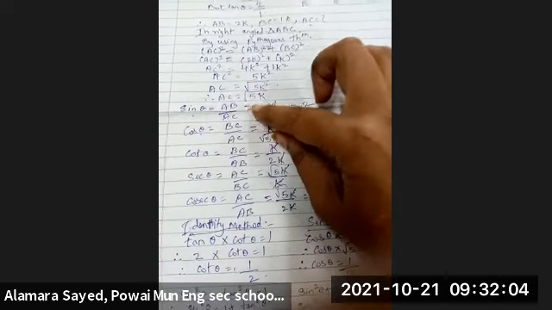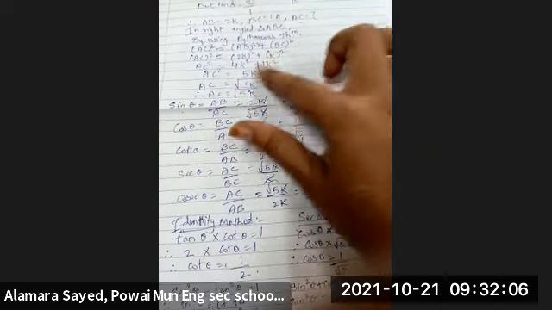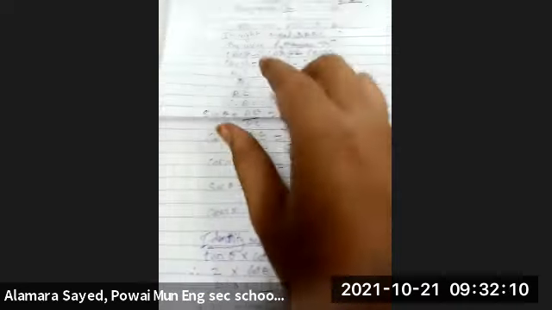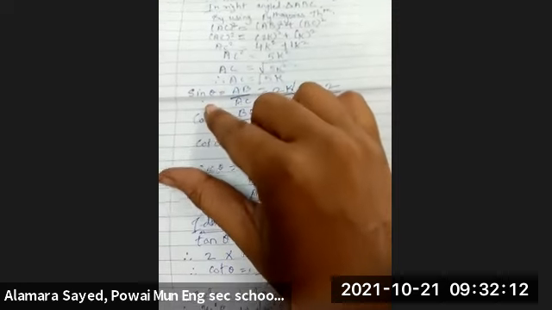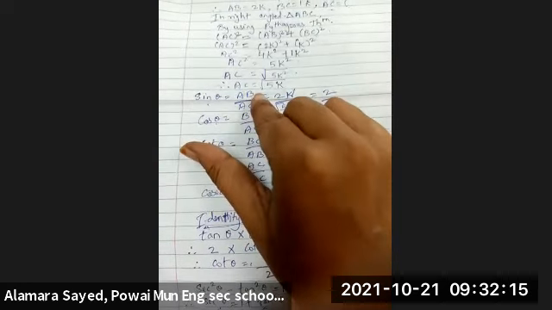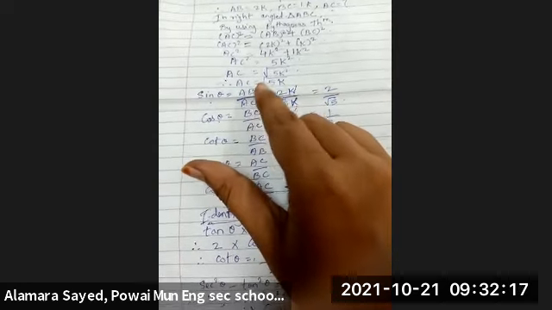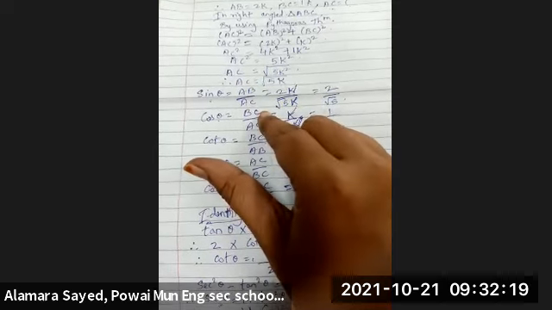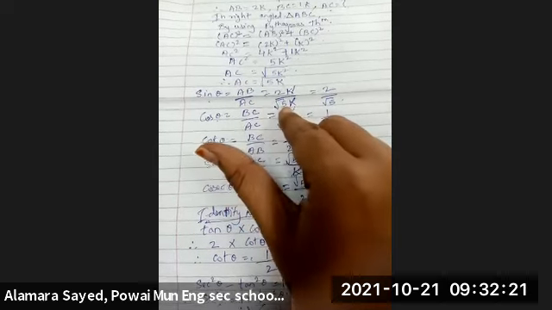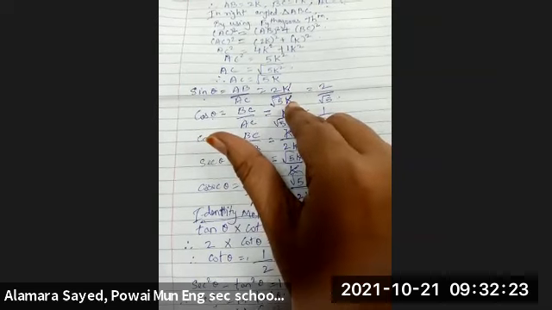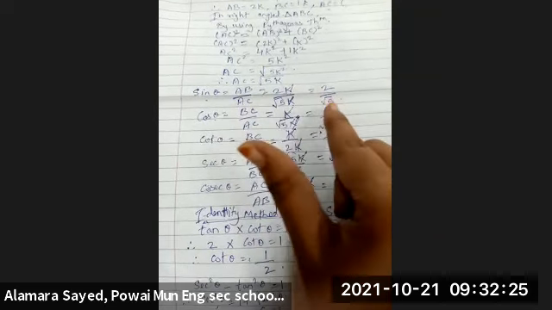Therefore, AC is root 5k. After getting this value of AC, we will substitute these values in the ratios. That is, sin theta is equal to AB upon AC, which is 2k upon root 5k. K will be cancelled, remaining is 2 upon root 5.